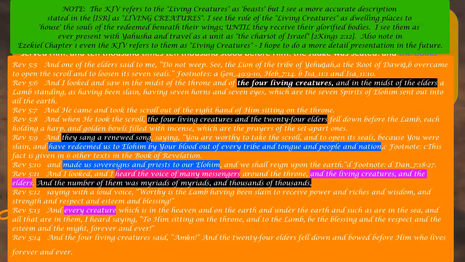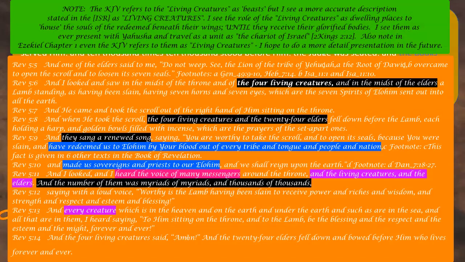And they are singing, "Thou art worthy to take the book and to open the seals thereof, for thou wast slain and hast redeemed us." Who is us? So Yah had redeemed us. They had redeemed the 4 living creatures and the 24 elders. They are singing the song of the redeemed.